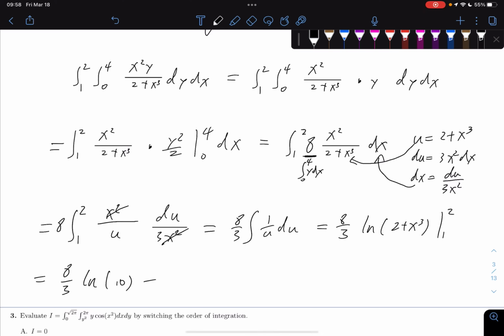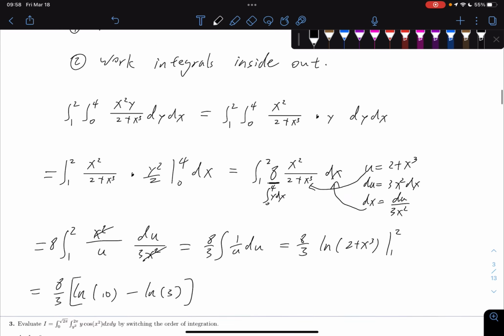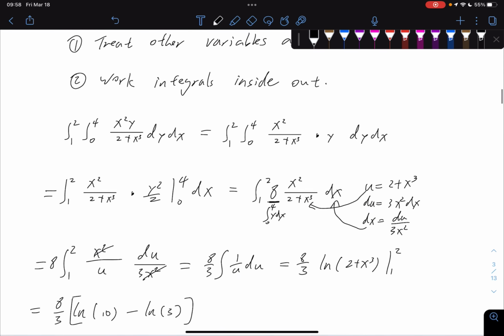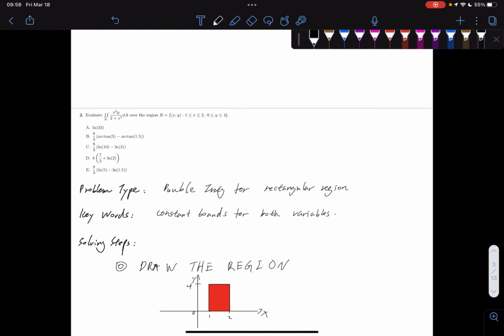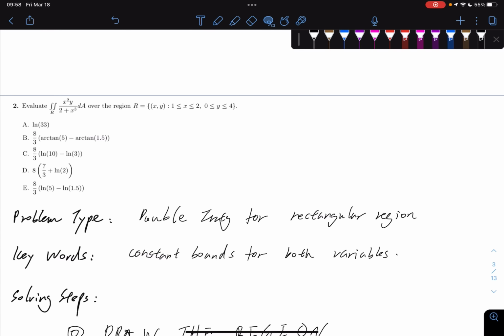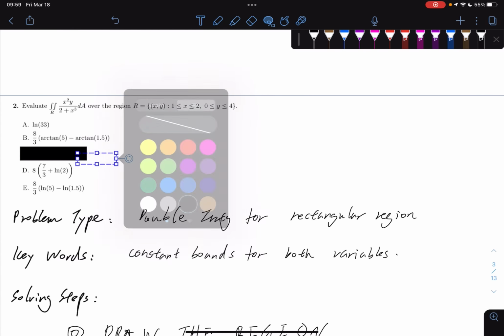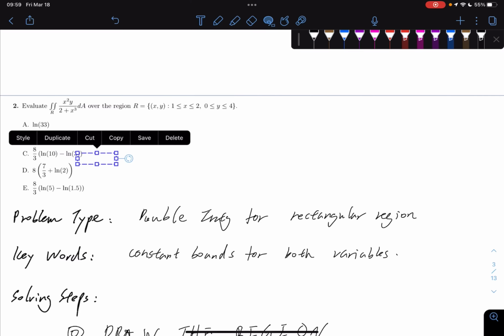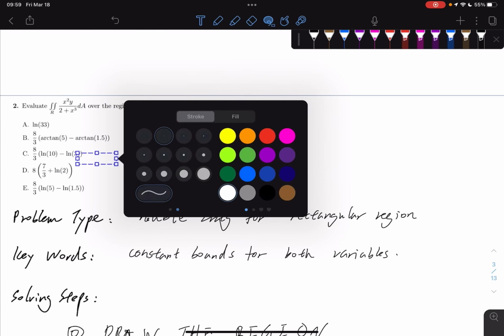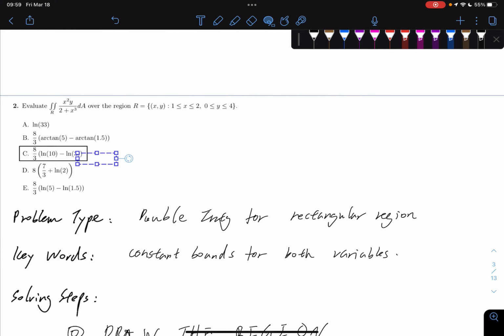And then minus natural log of 2 plus 1, that's just natural log of 3. So this is our final integral. So if you look up, then this is the correct answer. Choice Charlie is our correct answer.